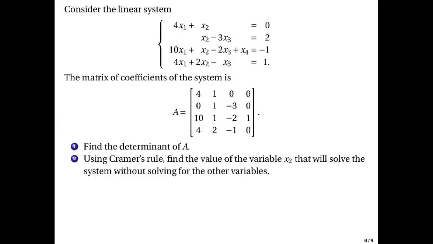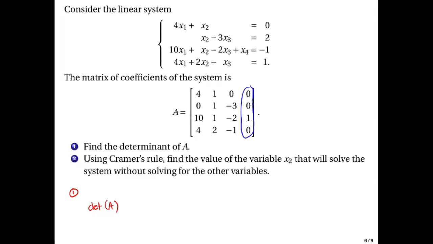So for number 1, let's start with the determinant of A. This column here has many zeros, so I will do the expansion along this fourth column.